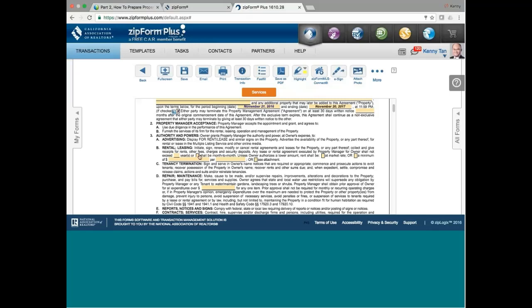Now, if here you want the property manager to have the authority to rent for up to 2 years, then you type in 2 years here, and then the rent amount, you can either select market rent or minimum rent, per month. That's really up to you and the landlord.